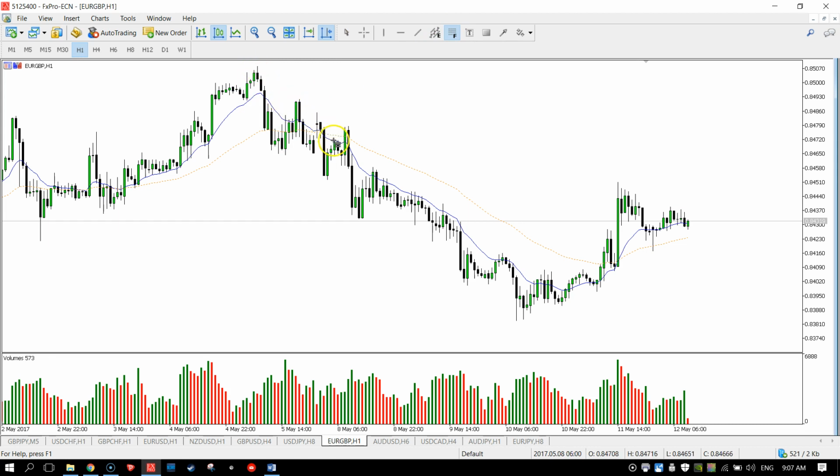So we have a clear down move up until here, and as soon as this high was broken, we don't have lower highs and lower lows anymore. It looks like the trend has stopped. Maybe it hasn't, but it does look like it as soon as this high here was broken.